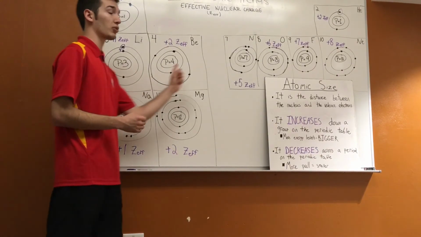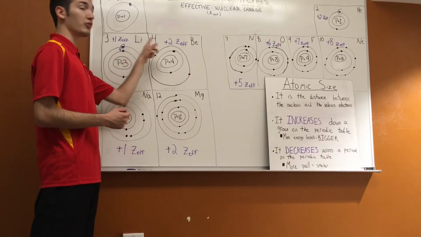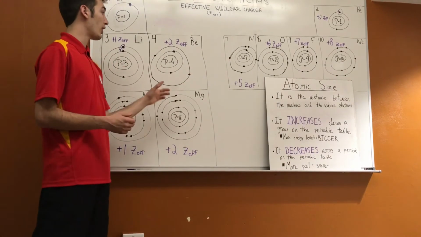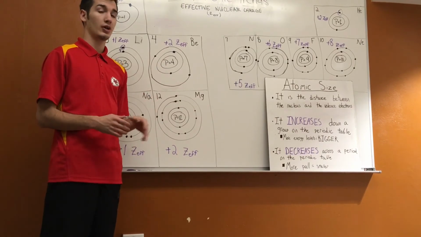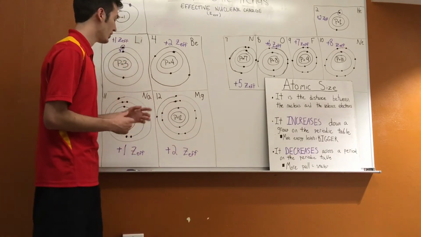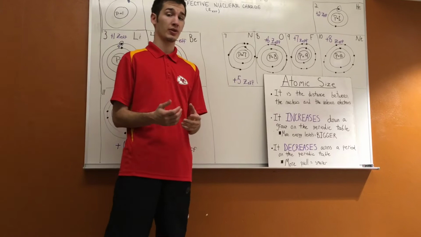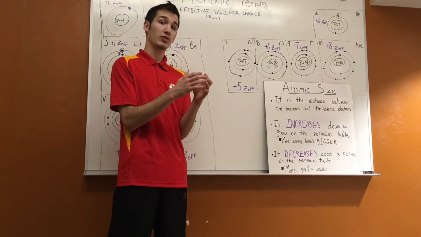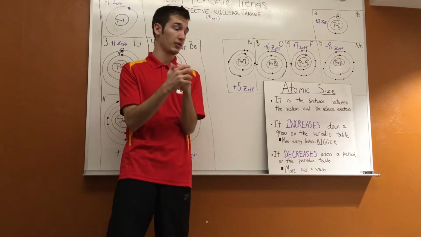Now let's look as you go across a period. Remember our good friend, effective nuclear charge. We're adding electrons, so you would think the atomic size would get bigger, but it actually decreases as you go across the periodic table. As you go across, our effective nuclear charges are getting bigger, and the bigger the effective nuclear charge, the more your protons are pulling on the electrons.